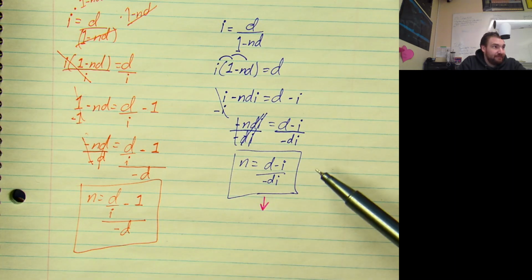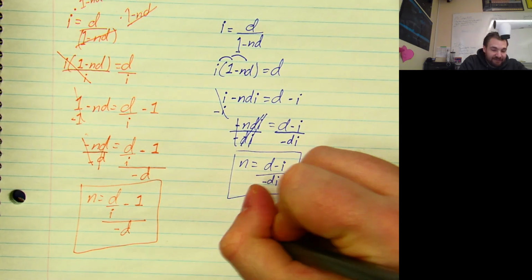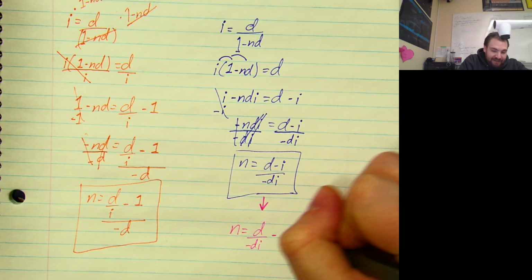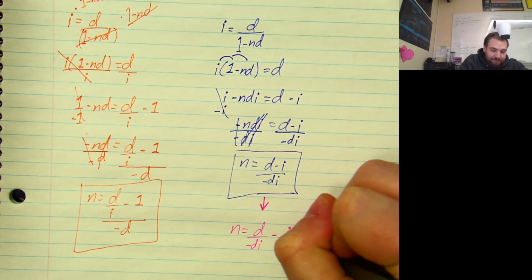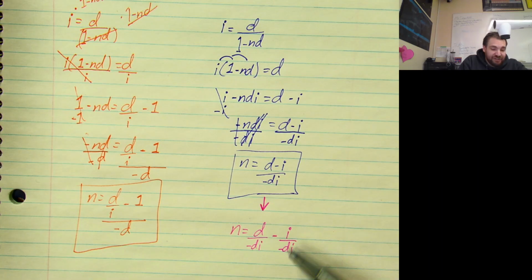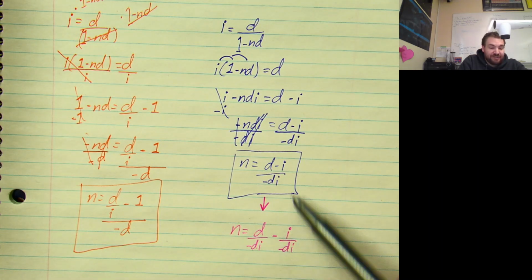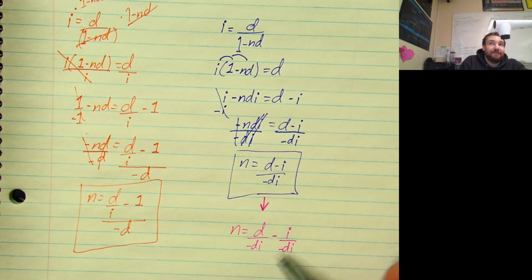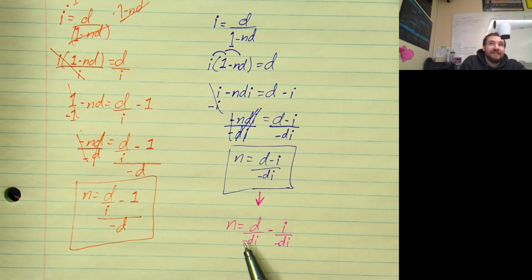Like I could write it like this: d over negative dI minus I over negative dI. Is this and this the same? Yeah. I've got the same denominator, so I'm just going to subtract the numerators. This is just what I would get if I went backwards here. But we're going to take this a step further. Can I simplify these two fractions at all?